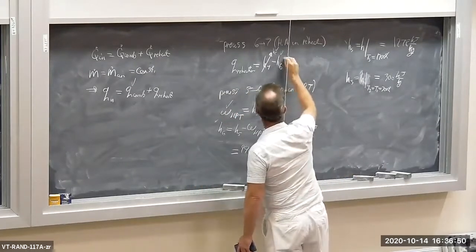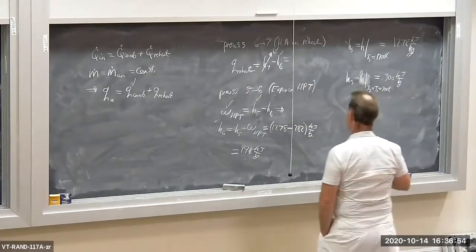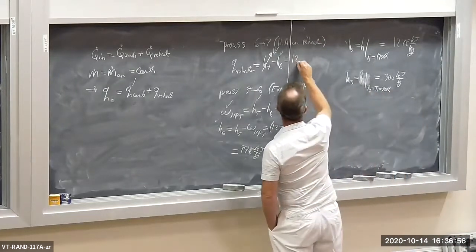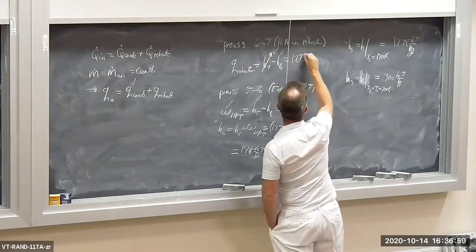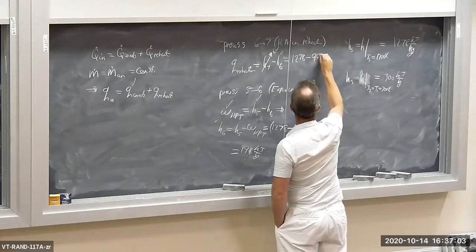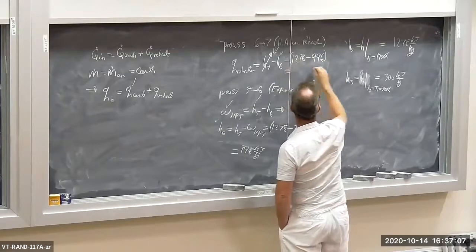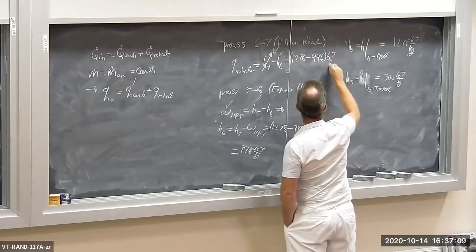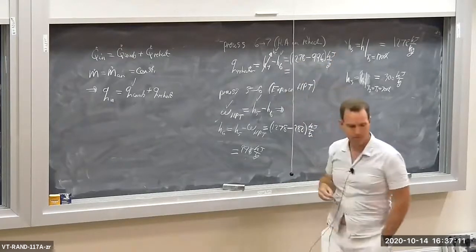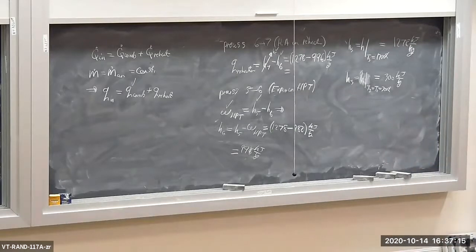Okay. So the heat addition is H7 minus H6, which is 1278 minus 996 kilojoules per kilogram. You might guess this is going to be the WHPT.